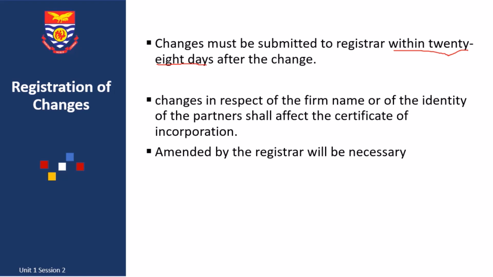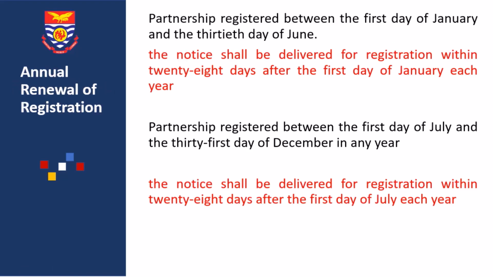So, when the amendment is necessary, the registrar will issue a new certificate of incorporation, especially when it touches on the firm name or the identity of the partners. We now want to look at the annual renewal of registration.